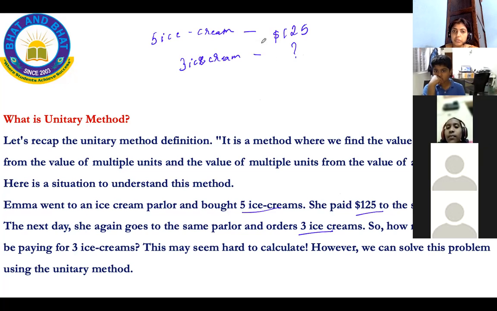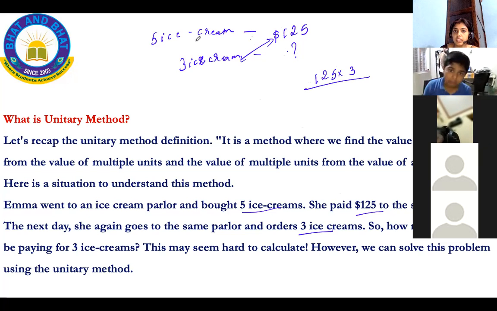So what do we have to do? We have to cross multiply. Multiply these two, so 125 into 3, and then the whole divided by 5.